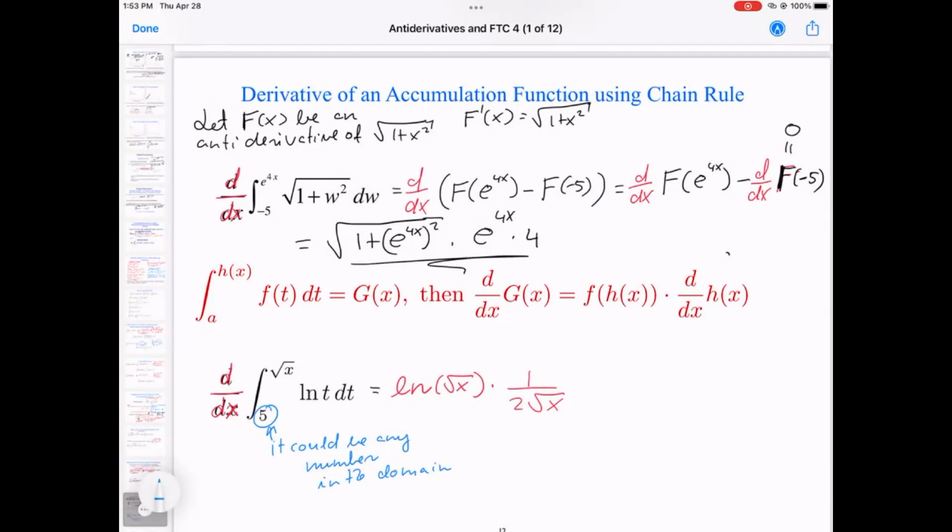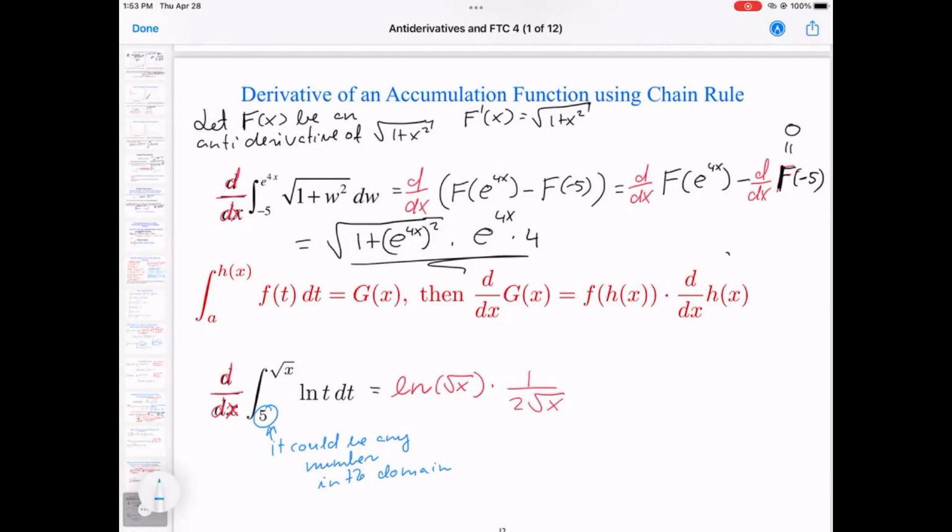If I find an antiderivative, then I could calculate this integral as capital F of e to the 4x minus capital F of -5, right? I don't care what the actual antiderivative is, but capital F of x is an antiderivative of this rate function, okay? So you understand it up till here, right?